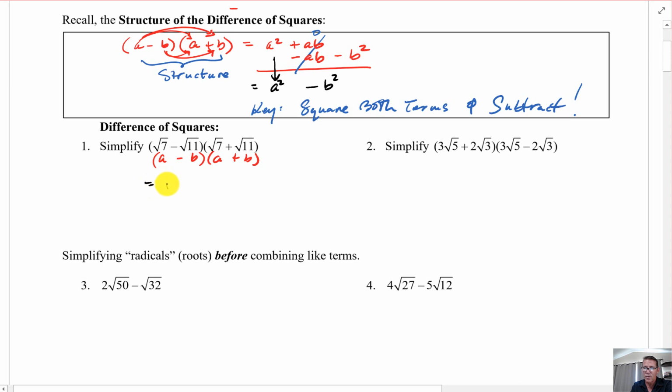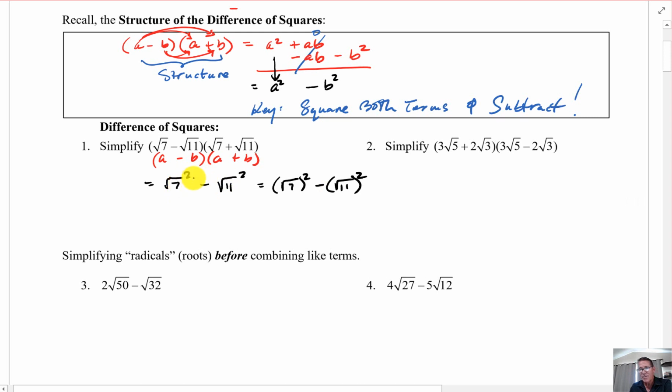So you take the square root of 7 squared minus the square root of 11 squared. And if you want to write this with the parentheses, you may. Some people write it like this: the quantity of the square root of 7 squared minus the quantity of root 11 squared. It's the same thing. So you're squaring both terms and you're subtracting.